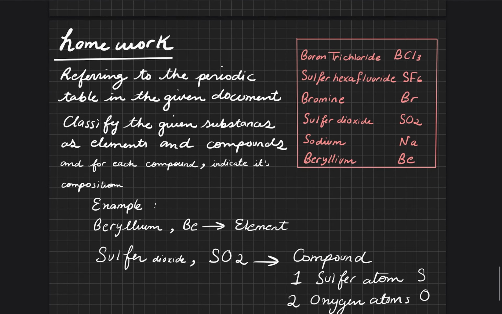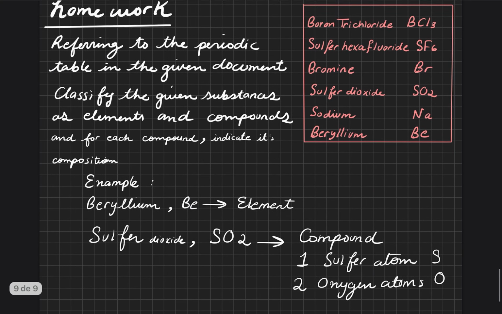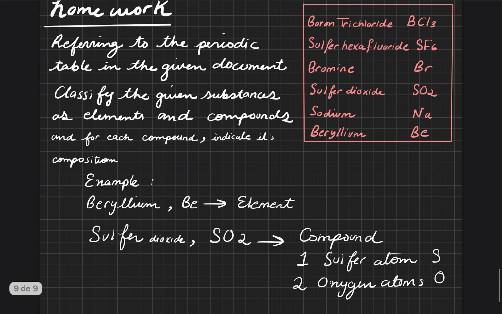You refer to this periodic table here. This is the periodic table. It has all the elements. You refer to it, and you are going to classify the given substances as elements and compounds. Here we have different substances in this box.